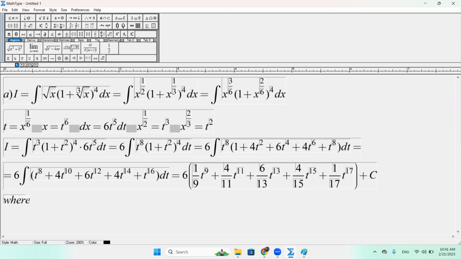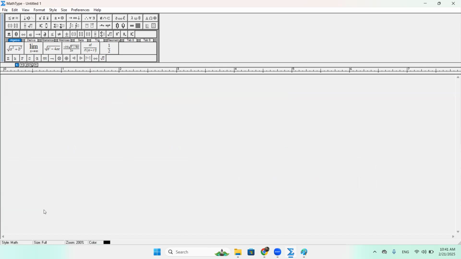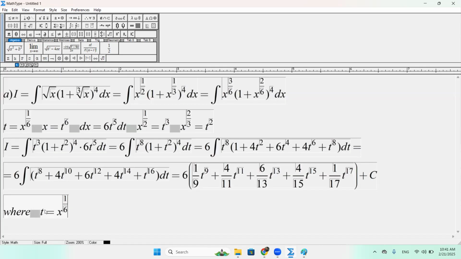We can just write it like this, where t equals x in power of 1 over 6. And that's it. You can do it in your individual home tasks. That's okay, absolutely not a mistake. So this is the final answer.